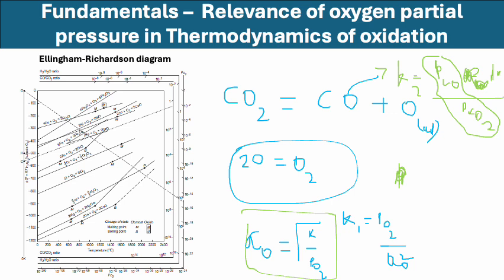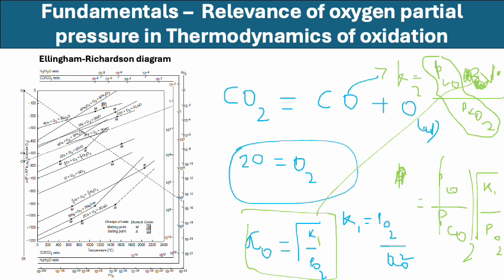This is K1 by PO2, so it is K2. So using this, instead of AO we put that, what we have is PCO by PCO2, that is the fraction that is there in the oxide, the axis represents this value, and then you have this root of K1 divided by PO2, the oxygen partial pressure, that's equal to K.